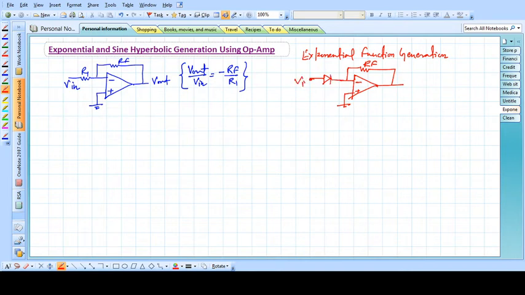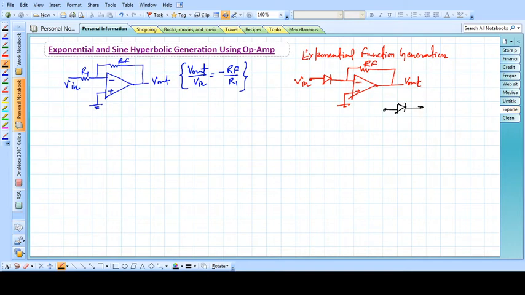How it will give, I will show you. It is very easy. I am using a different color. This one is nothing but simply an inverting amplifier. Before that I also want to show some basic concept for the diode.